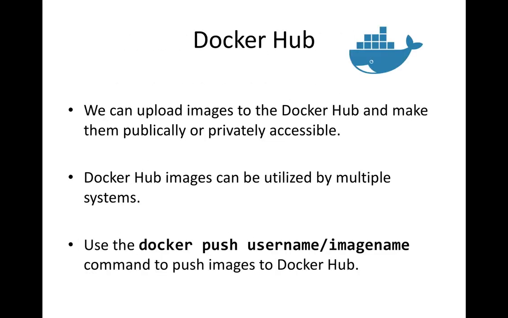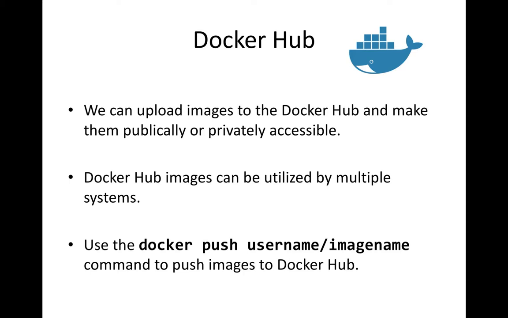I mentioned earlier that when you're pulling images, oftentimes you can pull them from the Docker Hub. That's the default repository location. You can, of course, run your own Docker repository. You can create your images just like you saw me do here using Docker files in the lecture.